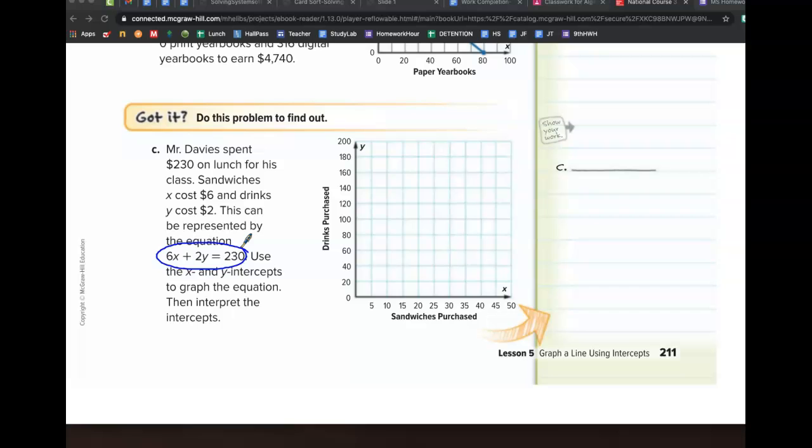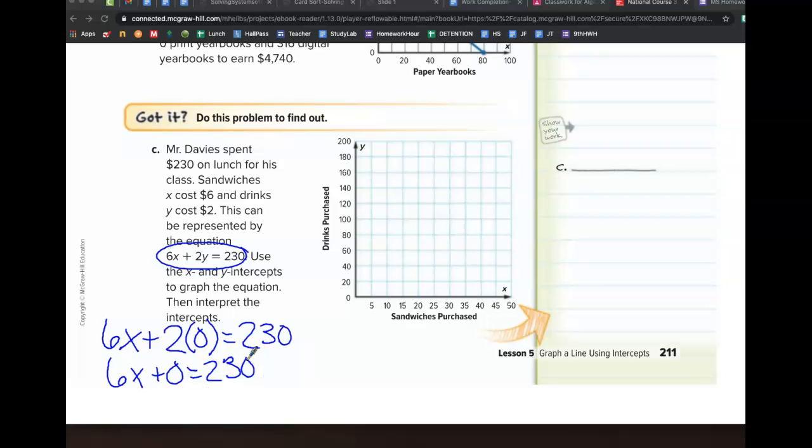So if we're solving for our x-intercept to start with, 6x plus 2y, since we're solving for the x-intercept, y is always 0, but that still equals 230. Solve for x, so 6x plus 0 equals 230.